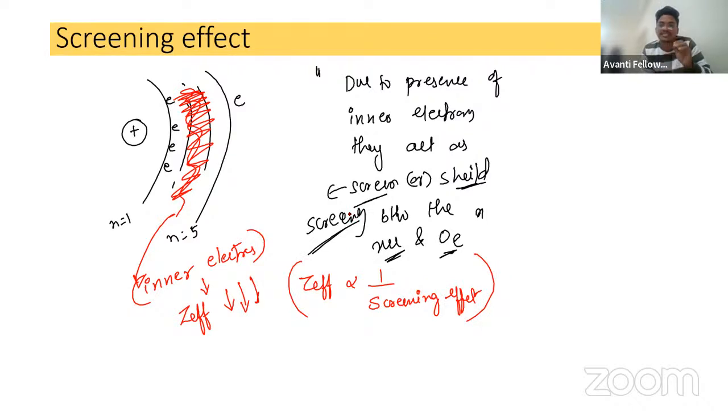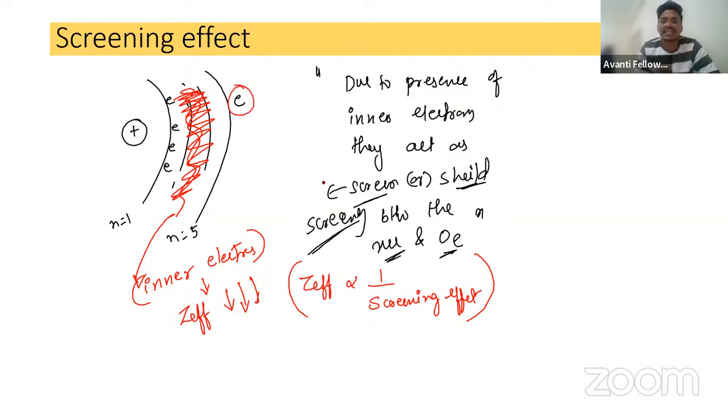So as the Z effective increases, the screening effect decreases. Or if you are increasing the screening effect, all the inner electrons are going to shield the outer electrons, which decreases the effective nuclear charge. Now tell me, what is going to happen for this electron?